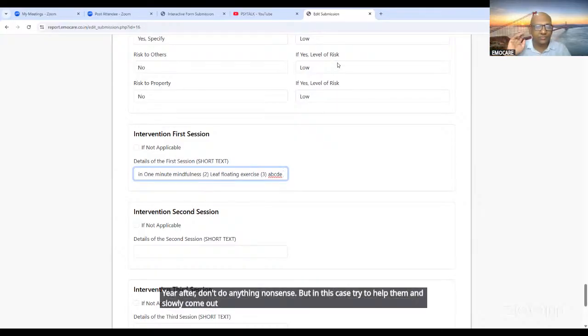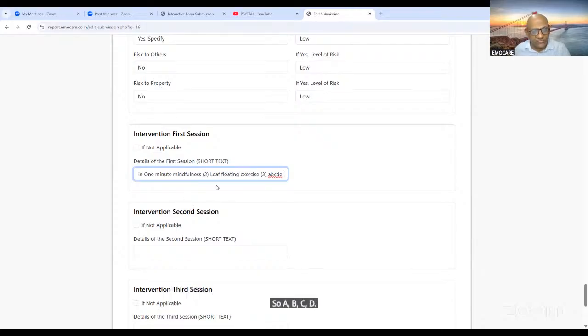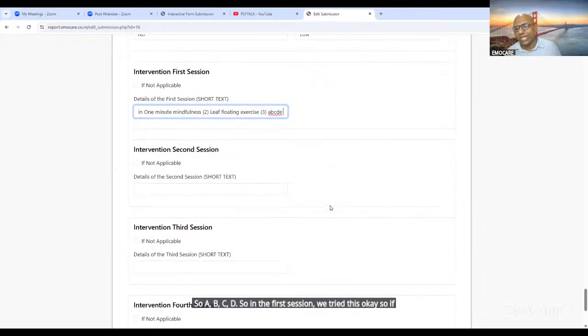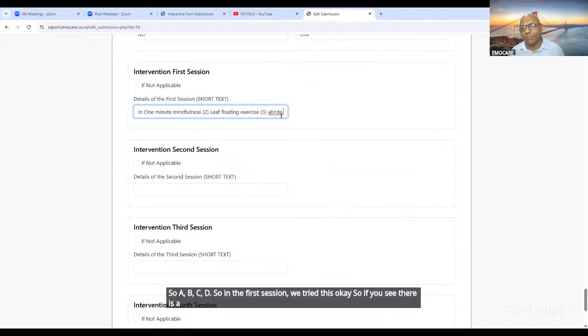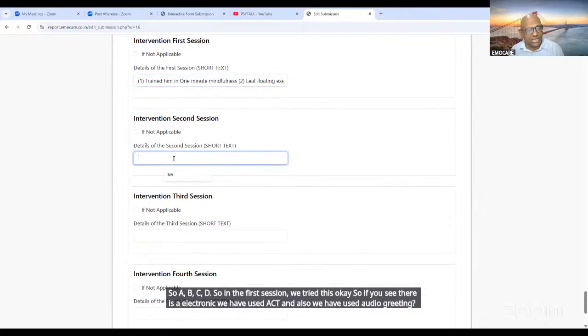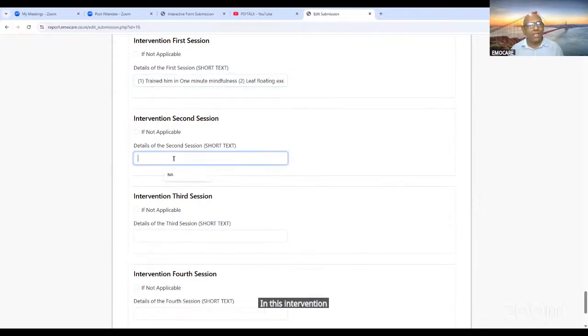So A, B, C, D, E. In the first session, we trained this. If you see, that is eclectic counseling, because we have used ACT and also we have used REBT.